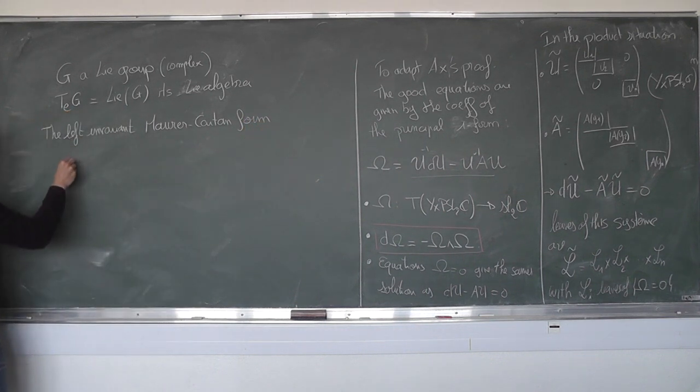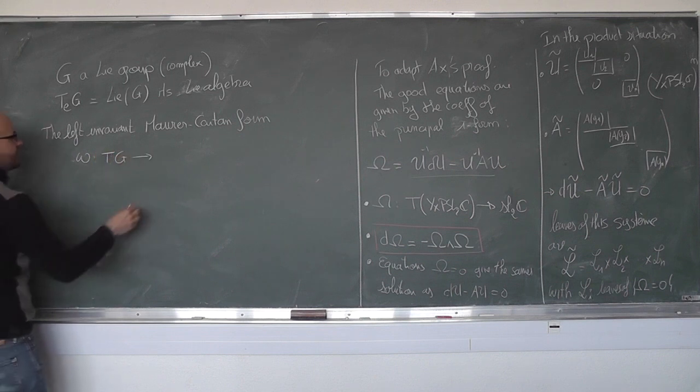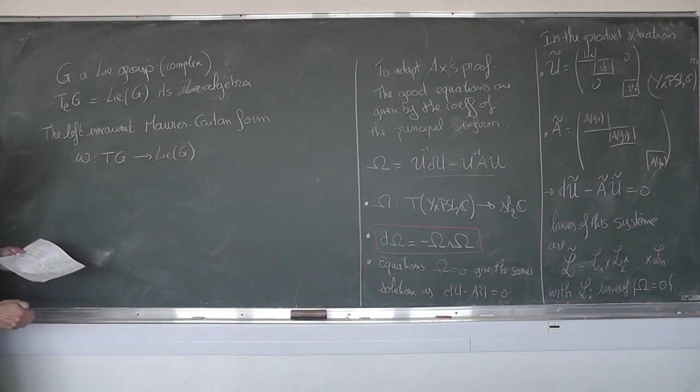Which is a form omega from the tangent of G, which takes values in the Lie algebra of G, which is defined this way.